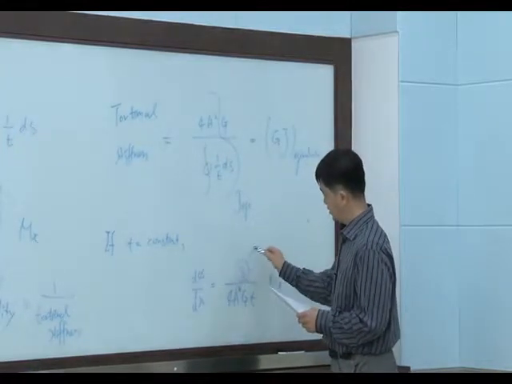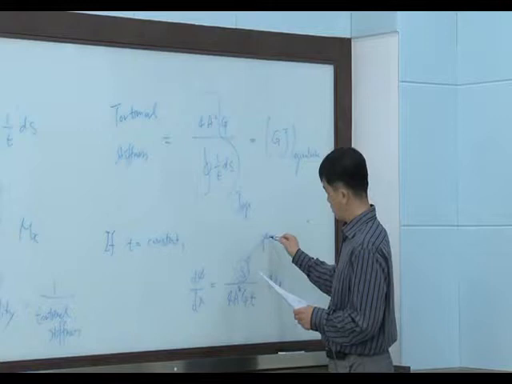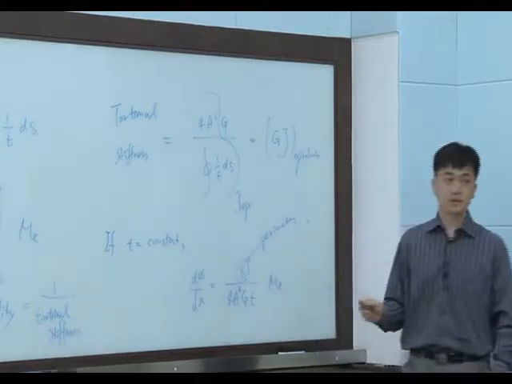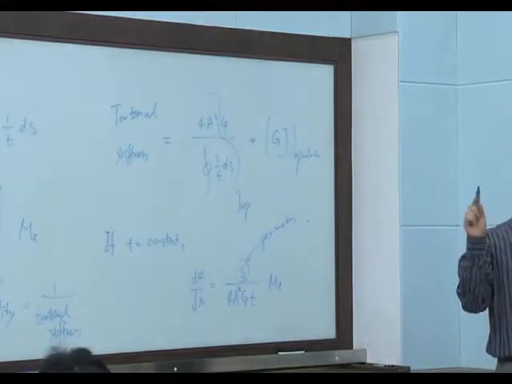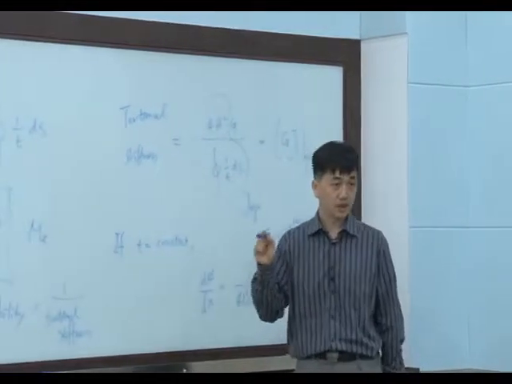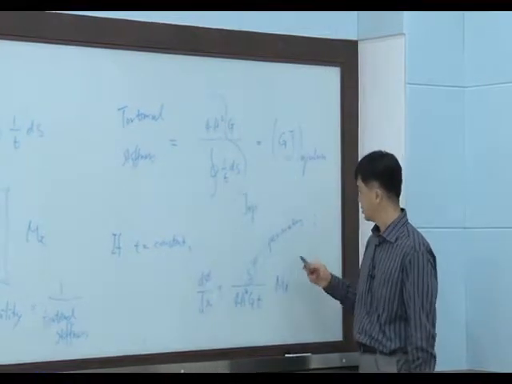S is the perimeter. You know what the perimeter is? The length of the mid curve. Okay? Length of the mid curve.